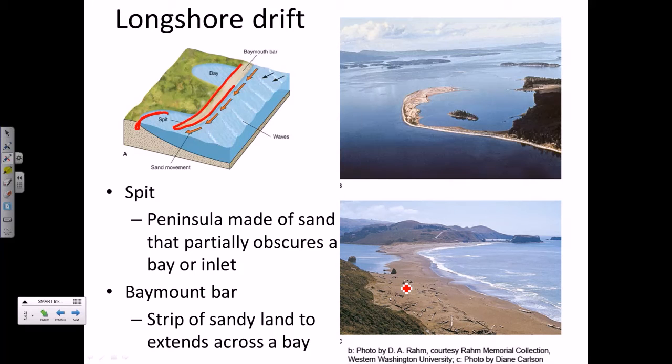The spit actually points in the direction of longshore current. So if you come to the figure on the right here, longshore current is in this direction, from right to left in this diagram.